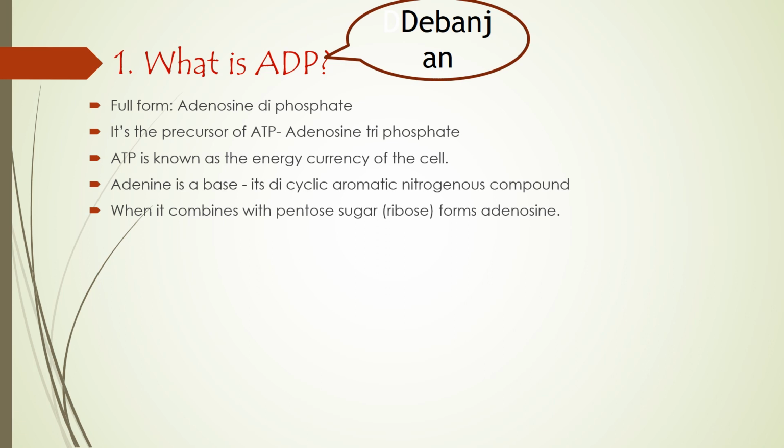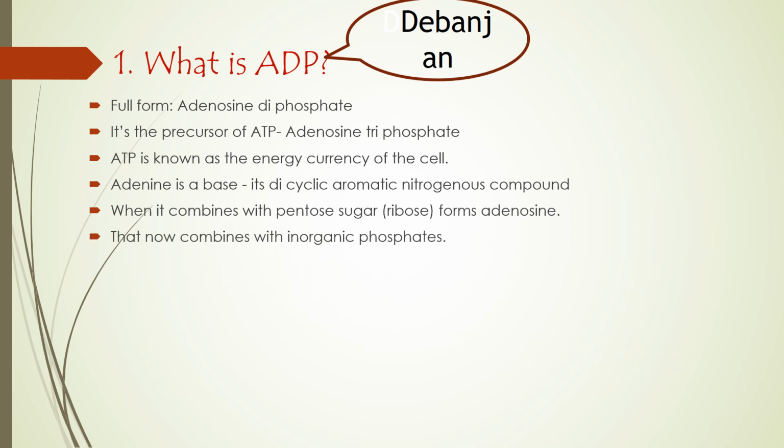Nitrogenous base plus sugar is called nucleoside. When it combines with phosphate, that time it is known as the nucleotide. That's why your DNA is made up of the nucleotide. That means a nitrogenous base plus sugar equals nucleoside. Now nucleoside plus phosphate equals nucleotide.